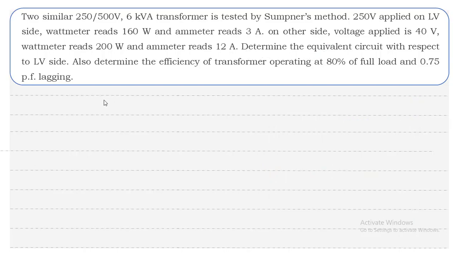To determine the efficiency of transformer, the general formula for determining the efficiency of the transformer, efficiency is equal to X, where X represents the load, times output in kW divided by X times output in kW plus the iron losses plus X square times the copper loss.